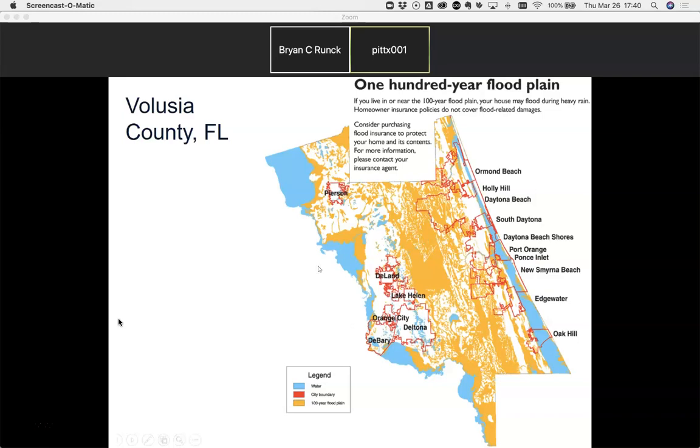And the white areas are areas that are outside of that 100-year floodplain. They may be within the 500-year floodplain, but they're not within the 100-year floodplain.